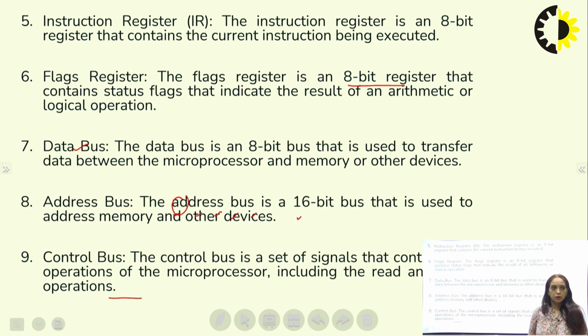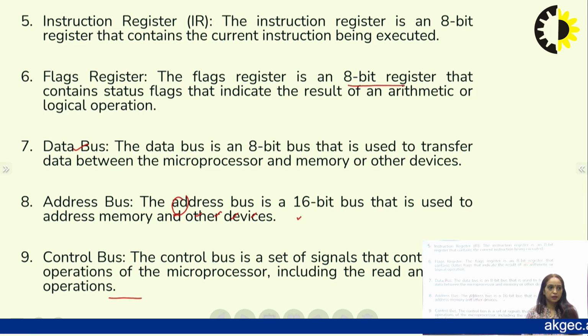Whenever we do some calculation, if the result is 0, when we subtract two equal numbers, or whenever some carry is generated, depending upon all these operations, some flags will be updated. It is a dynamic register, and after each calculation, after each execution, the contents of the flag register will be updated.